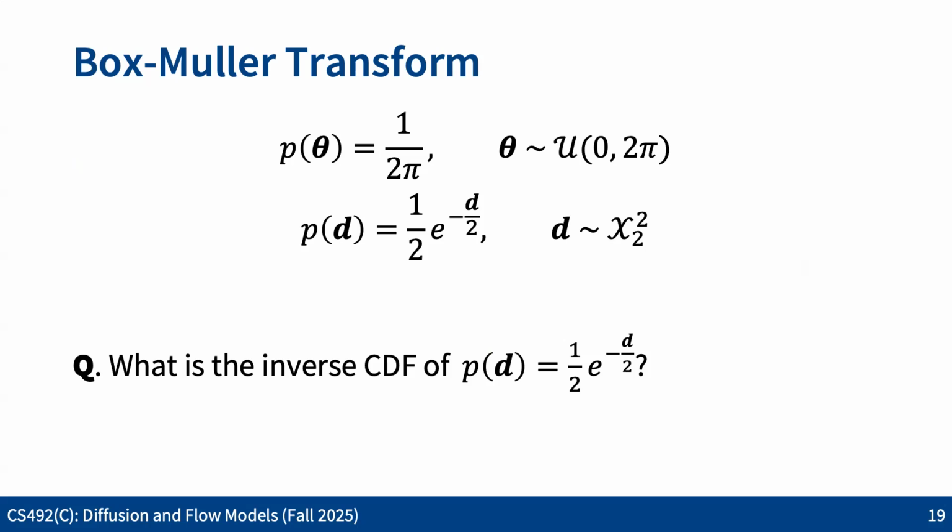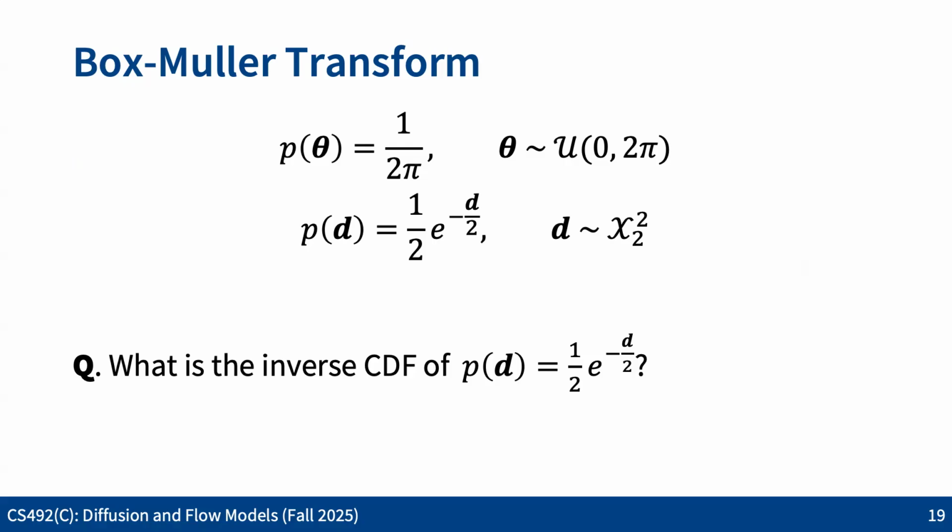The only thing is that for the squared radius, which I just denoted as D here, that's the same as r squared, we have this form of probability distribution, which is specifically the chi-squared distribution with two degrees of freedom, but you don't need to exactly remember this.